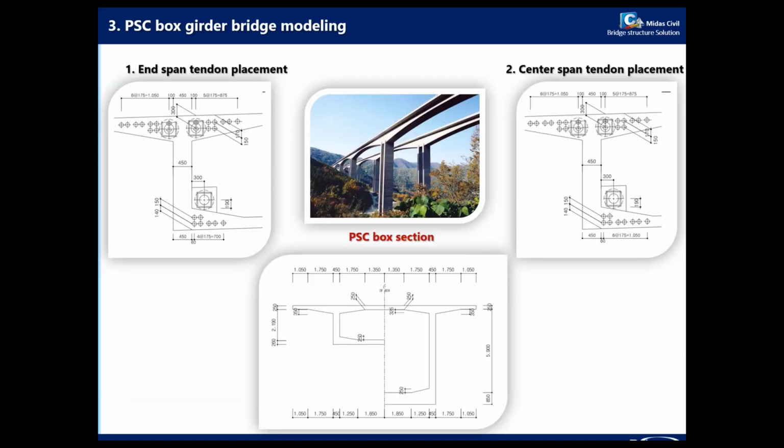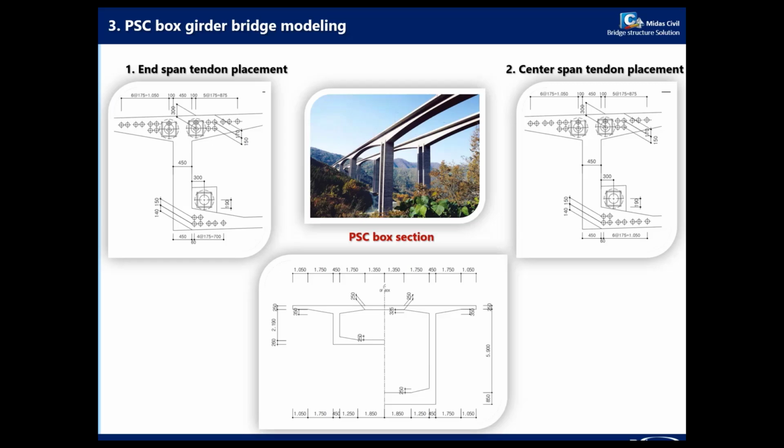The next one is the graph showing the arrangement of tendon. So this is how the tendon will be arranged in the section. This is the end span tendon placement, and on the right we have the center span tendon placement.